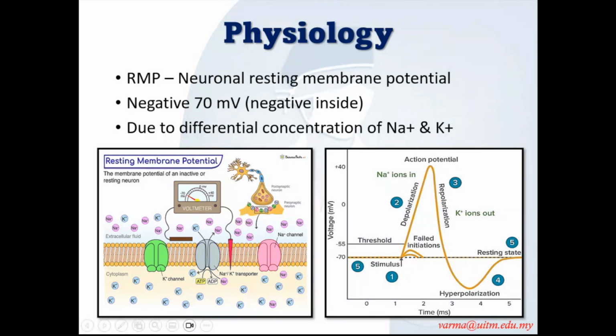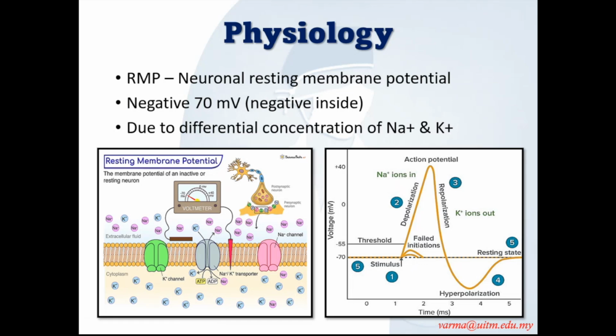At rest, what we call the resting membrane potential, there will be a negative 70 millivolt resting membrane potential at the axon. It means at rest there is no movement of ions along the channel.